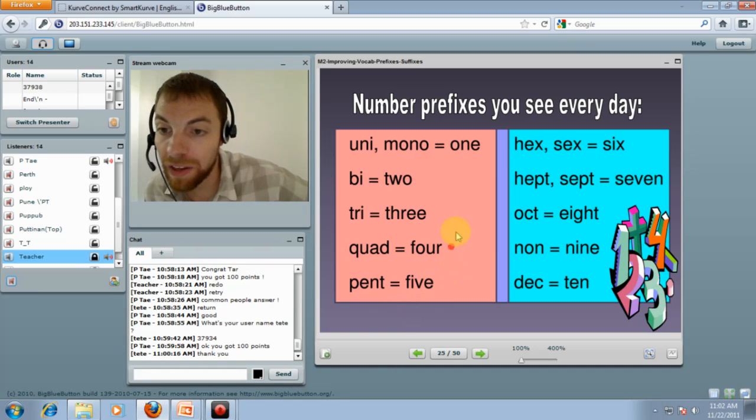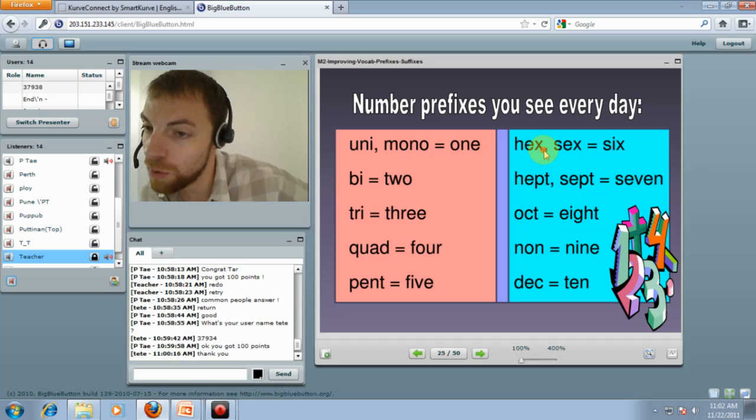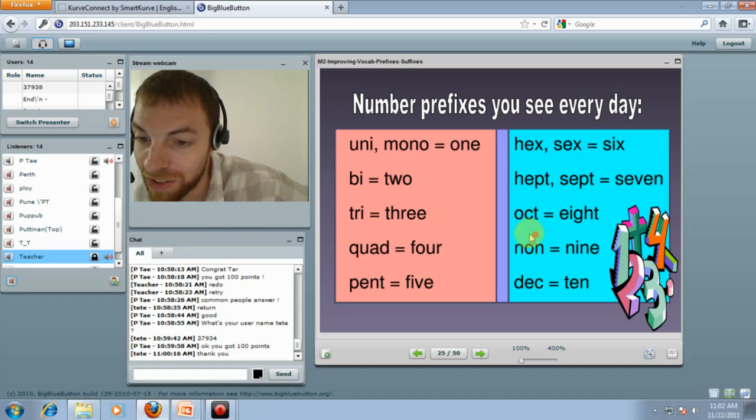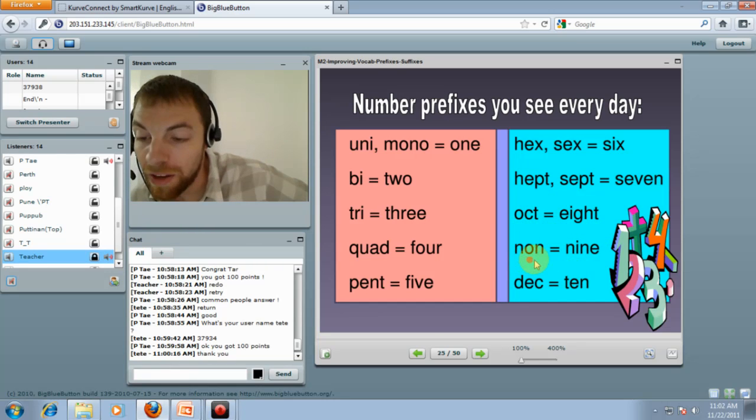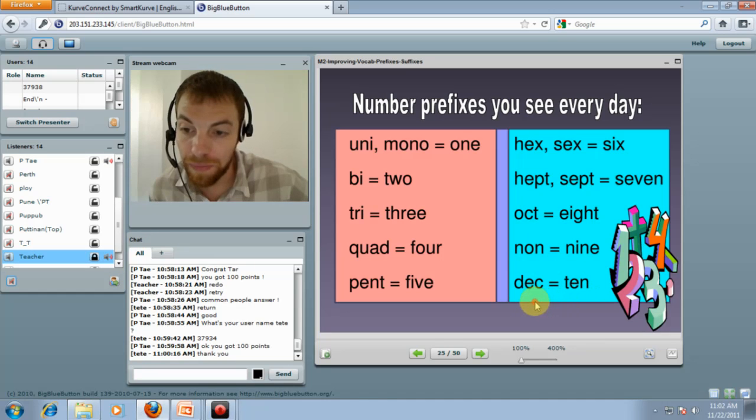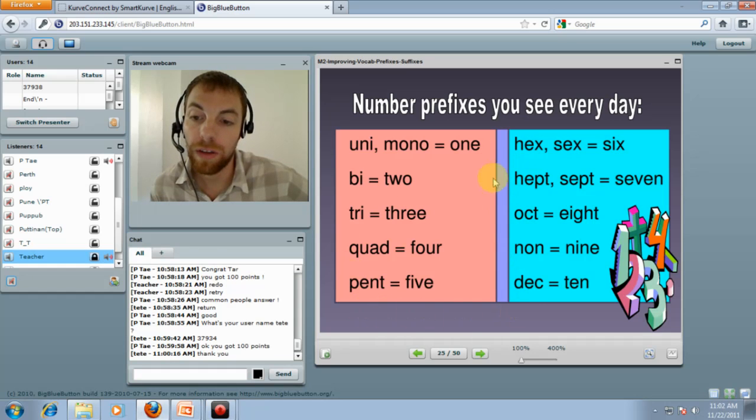Pent is five. Hex or sex is six. Hep or sept is seven. Oct is eight, like an octagon. Non is nine. And dec is 10. Now these prefixes mostly come from Old Latin and Greek words for the numbers.